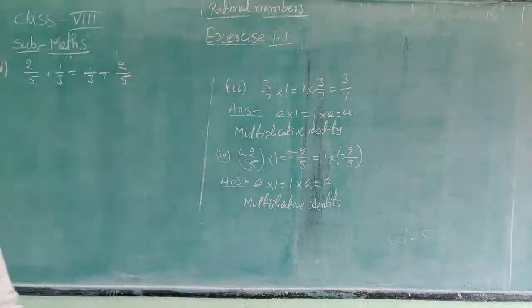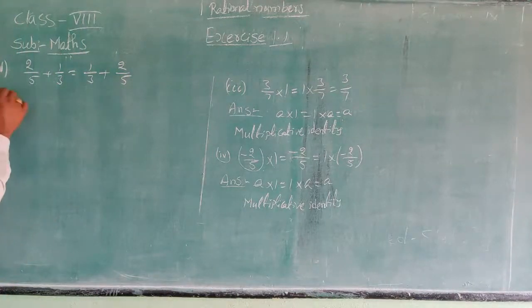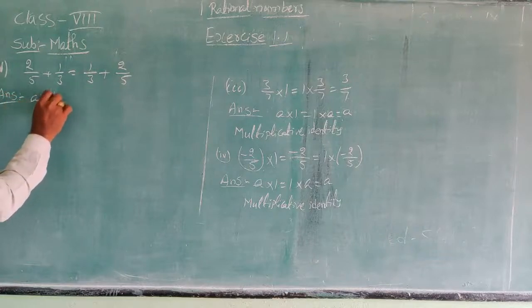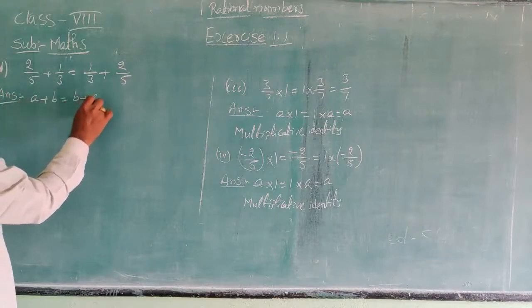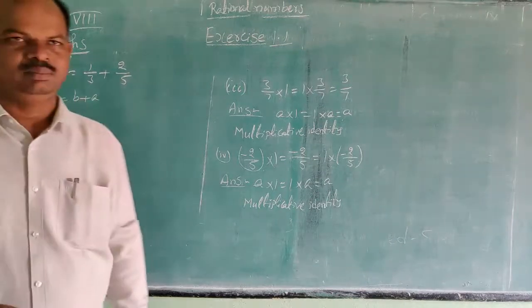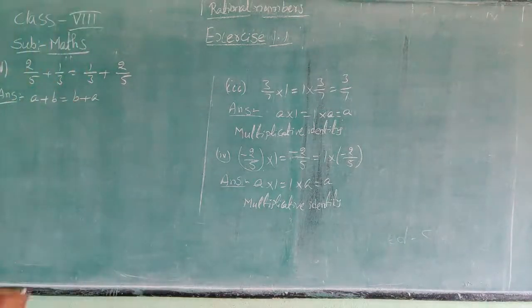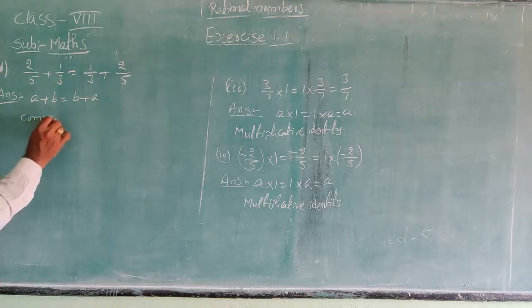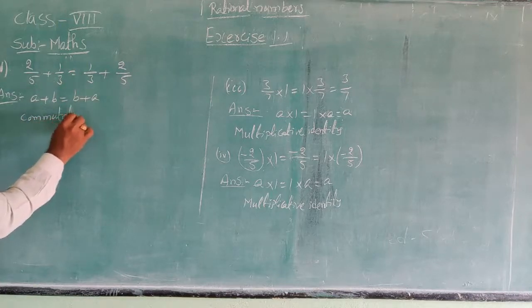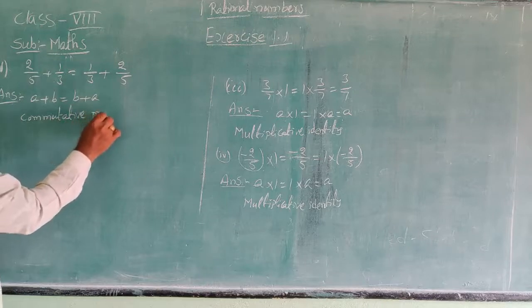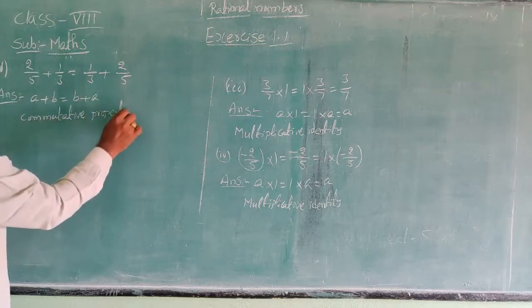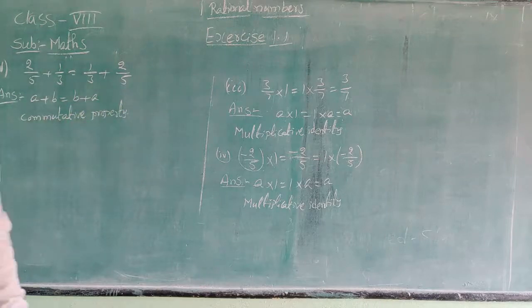This is in the form of A plus B is equal to B plus A. This is the commutative property.